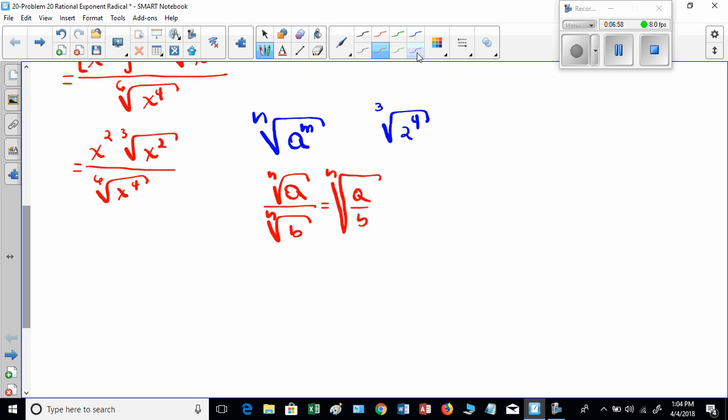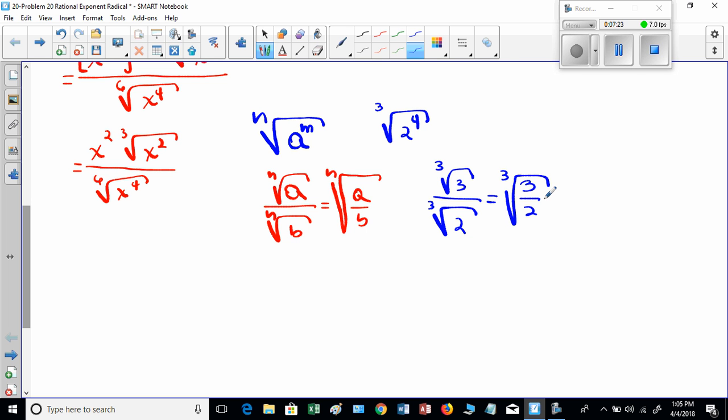So for one example, let's say that we give you the cubic root of the number 3 divided by the cubic root of the number 2. To make this a little bit simpler, since you have the same index, you can rewrite this in one radical only, and that will be 3 divided by 2, and you calculate its cubic root.